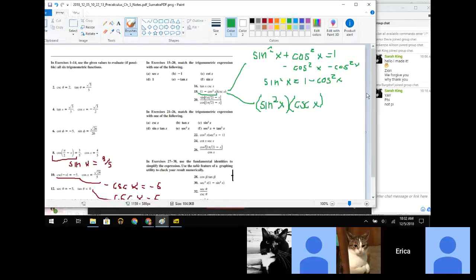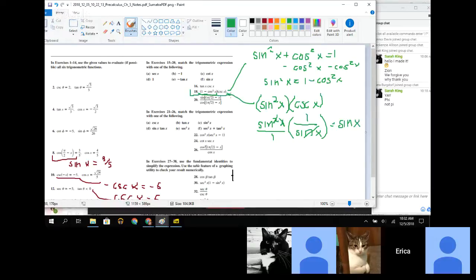All right, well, let's think about this. What is another way you could write the cosecant of x? So you have the sine squared of x times the cosecant of x, which is 1 over the sine of x. Because we have a sine squared in the numerator and a sine in the bottom, we can cross one out and we're left over with the sine of x.